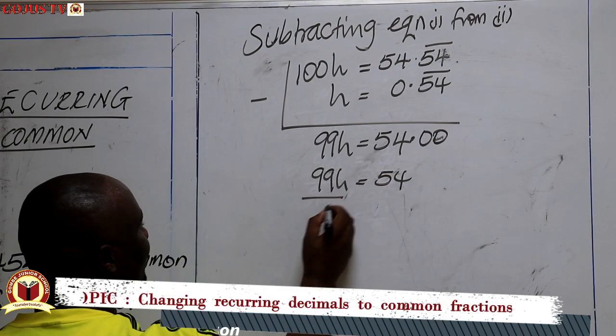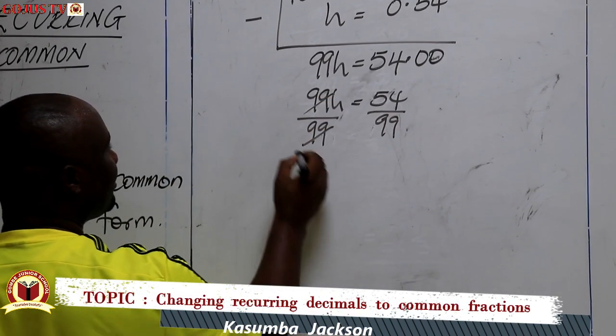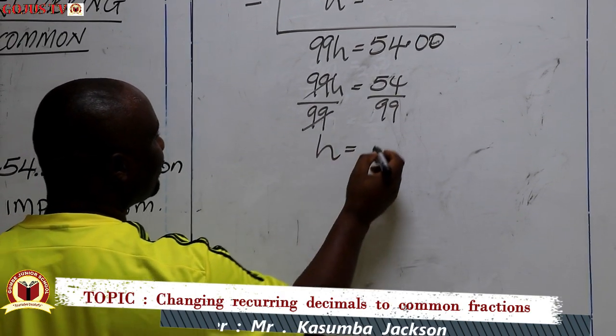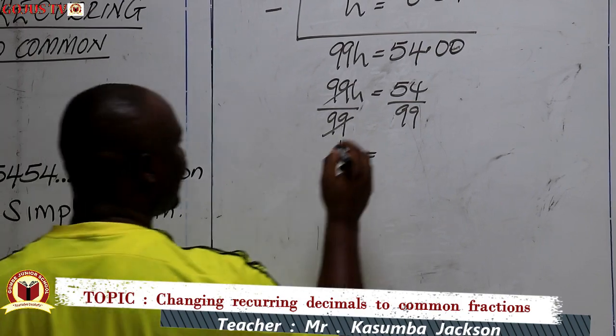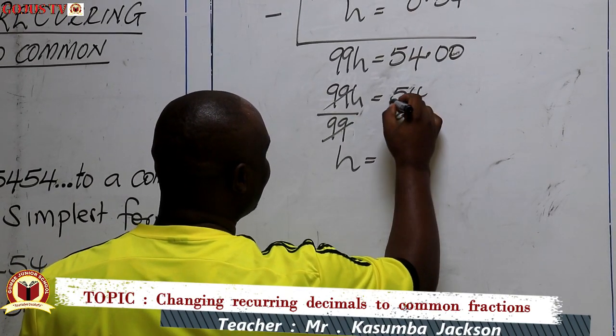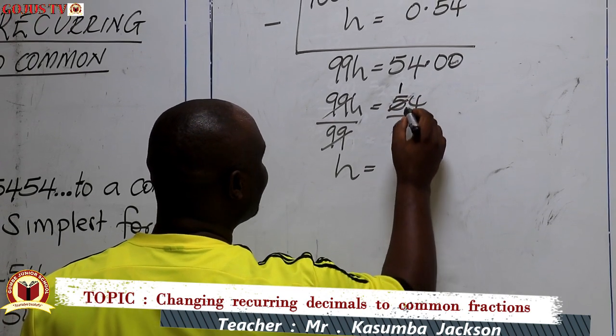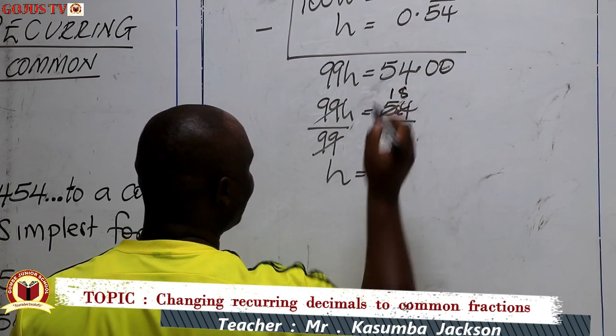Solving this equation, we shall need to divide both sides by 99. 99 will go with 99, and H alone will be 54 out of 99, which we can reduce by 3. By 3, I'm seeing 18.